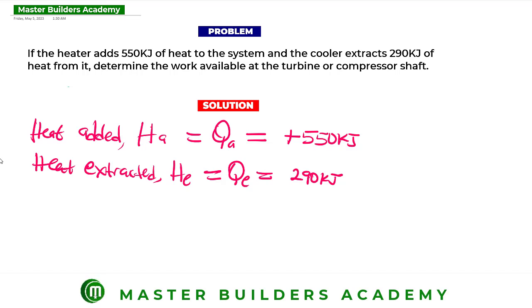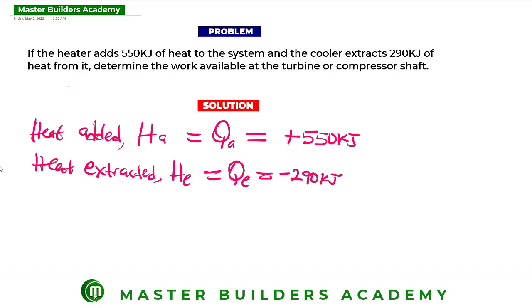Whenever heat is extracted from a system, it means the system lost it, the system rejects it, it was removed from the system. Such heat is taken as negative. So we have this as negative.